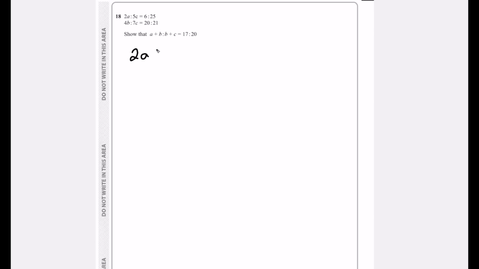So we've got 2a to 5c is 6 to 25, and we've got 4b to 7c is 20 to 21. So we need to make the c's the same on both of them. But let's simplify them first.